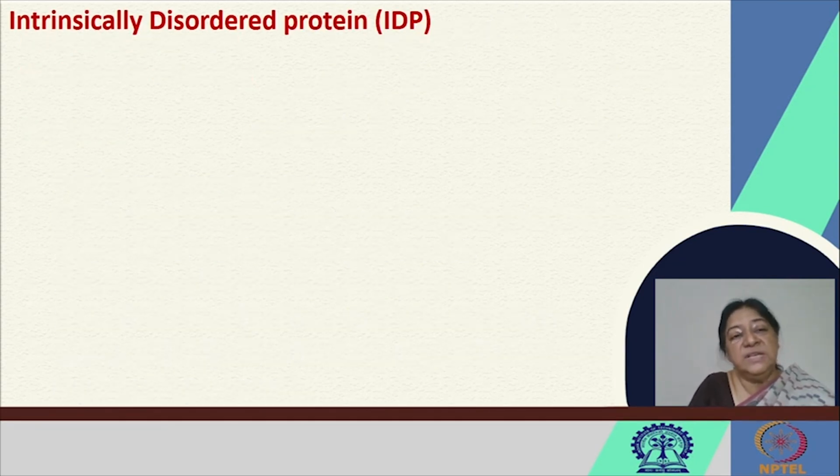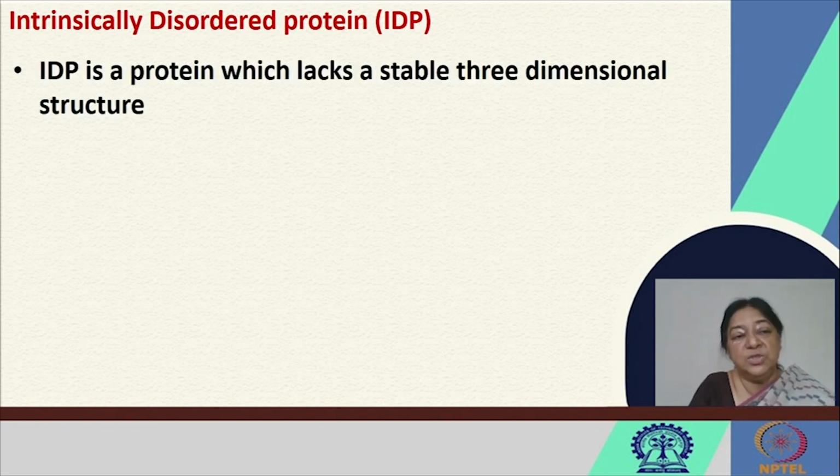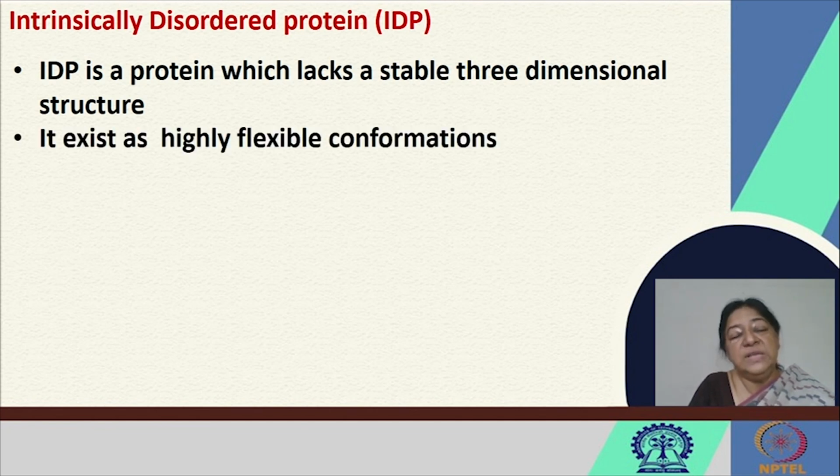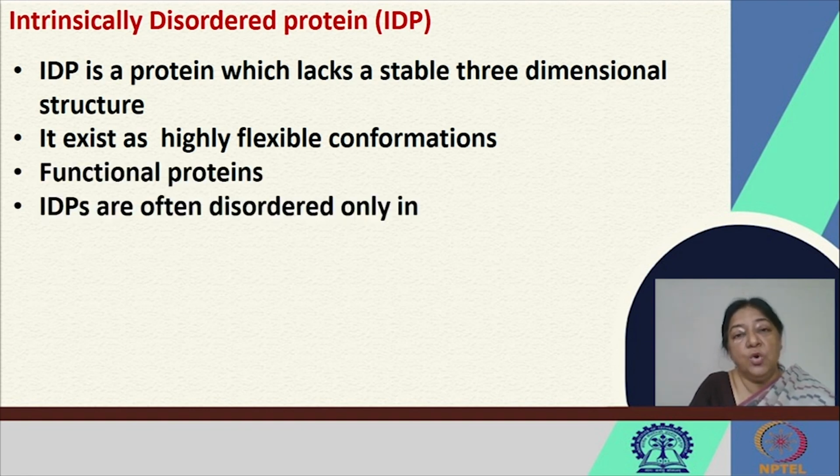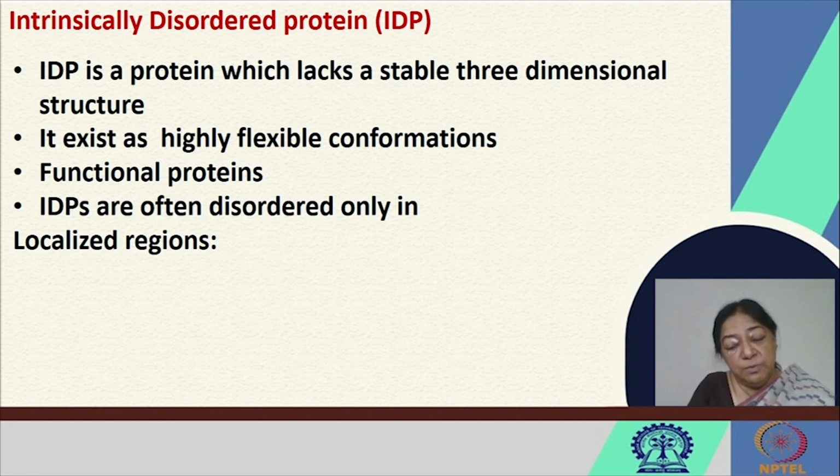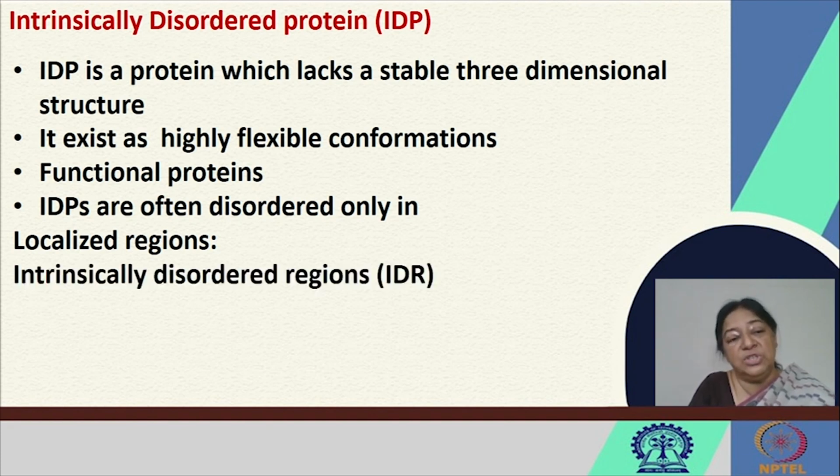In the intrinsically disordered proteins, we understood that these IDPs are proteins that lack a stable three-dimensional structure, which means that they could exist in highly flexible conformations. And we realized that this presence as flexible conformations could have examples in terms of functional proteins because they could sample specific regions of other proteins or DNA, forming a folding and binding methodology together.